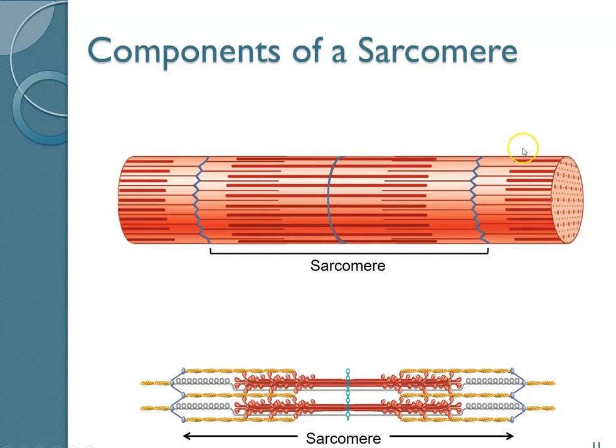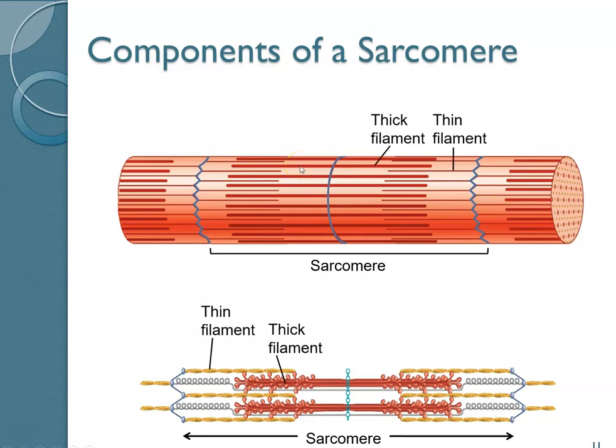Okay, and then this will be the next sarcomere, and then you can see the thick filament starting. So the I band is basically running from one sarcomere, half in one, half in the next. It contains only thin filaments, no thick filaments, while the A band will be the thick filaments.